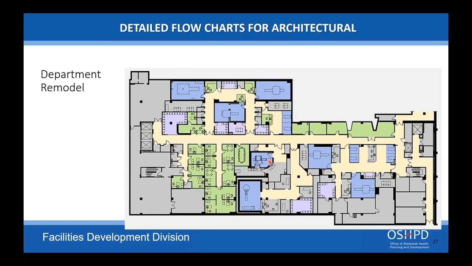Let's make this a little bit different. Say that everything on this floor is being gutted and remodeled. And over here, you have these green rooms designated. So just, again, using your imagination, these are patient rooms. They're very old. They were built in the 1960s.